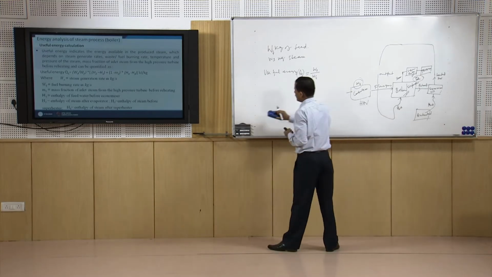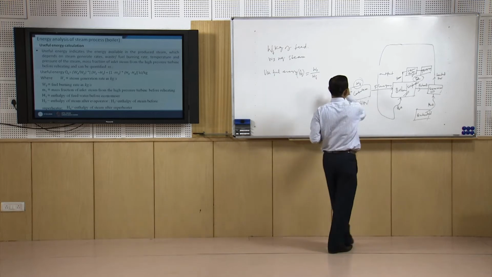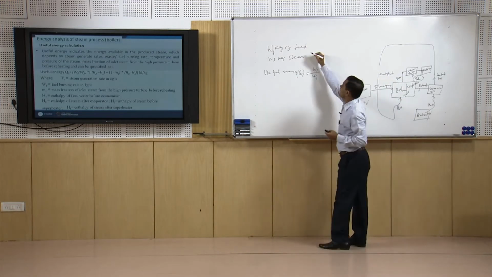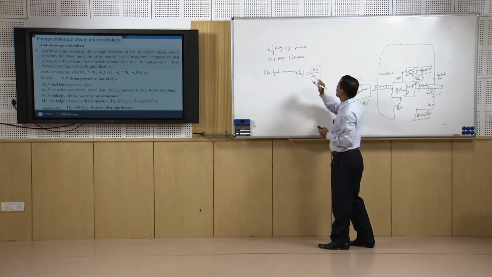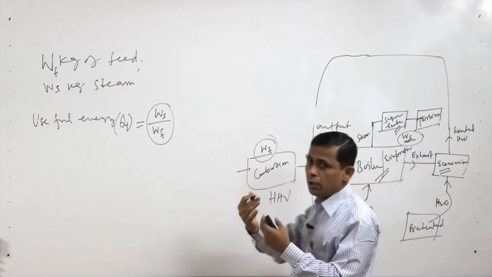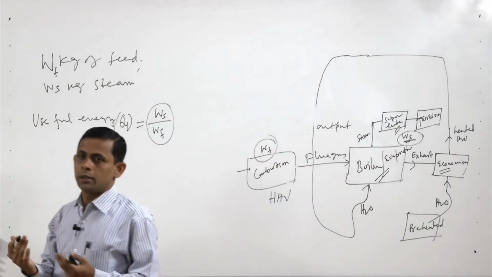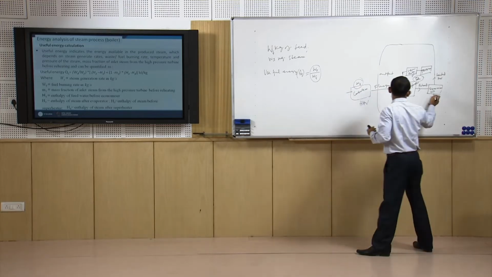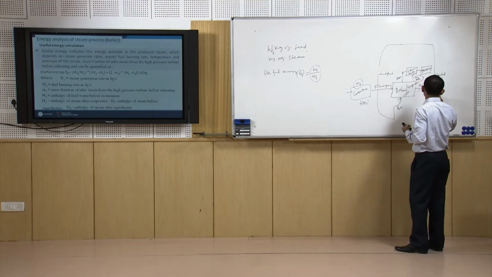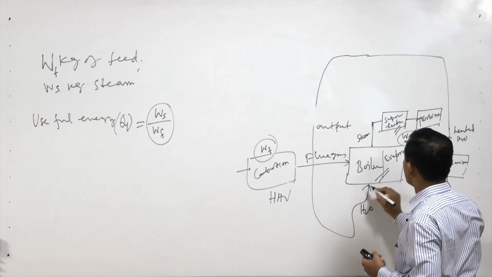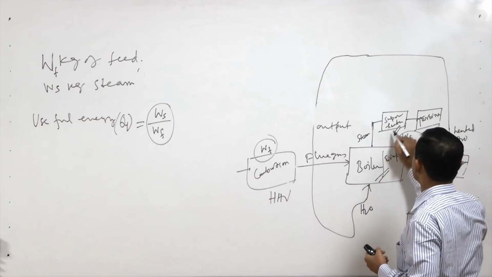If we use 1 kg of feed, Ws by Wf of steam will be generated. That means the same amount of water was used, the temperature of that water was raised in the economizer, and then there was some evaporation, then again temperature change.